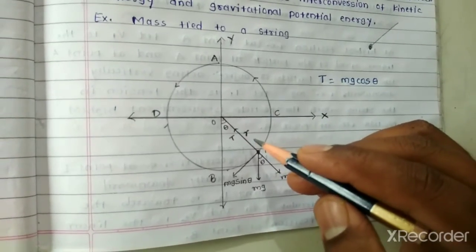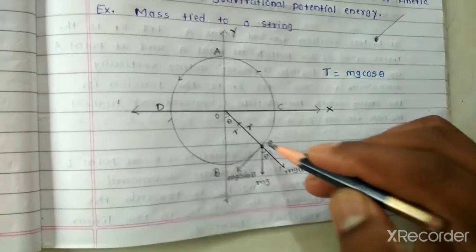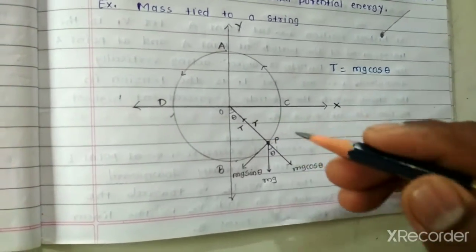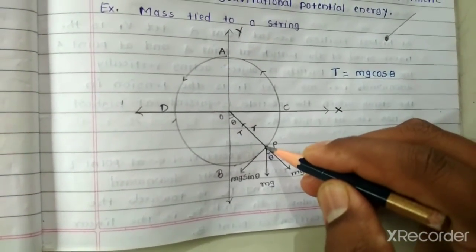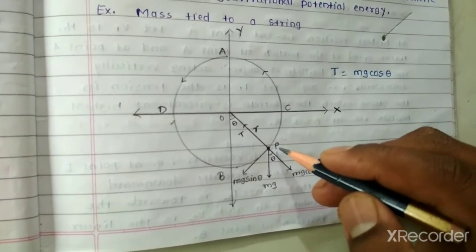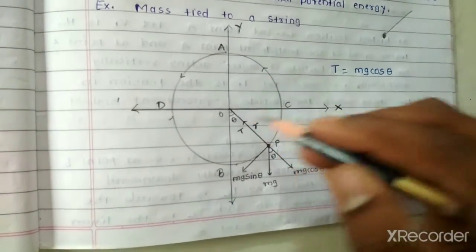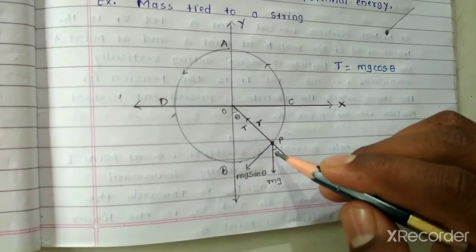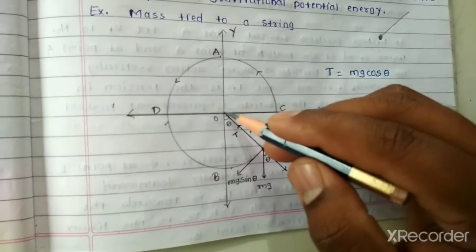Here we can say that the particle or object of mass m, assume that this is point P, is attached with the help of the string held at the center of these xy coordinates.